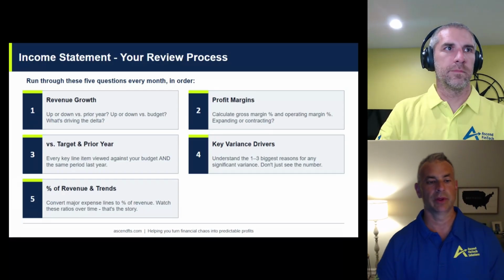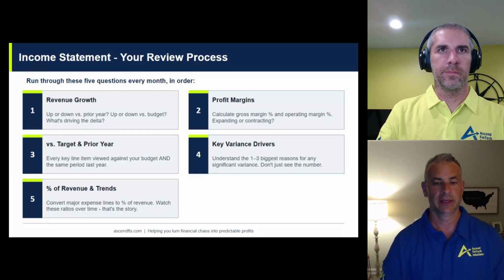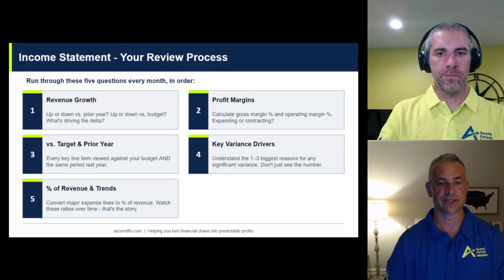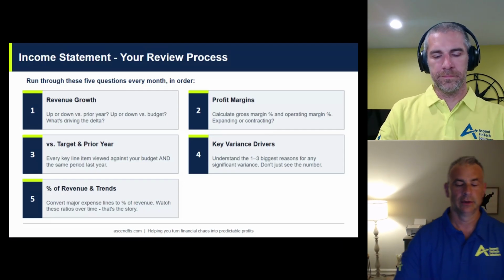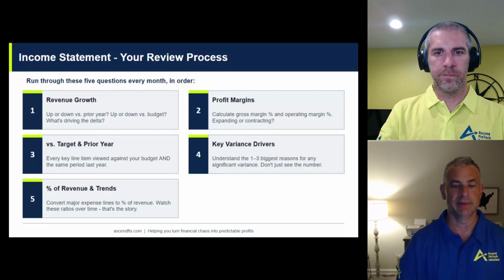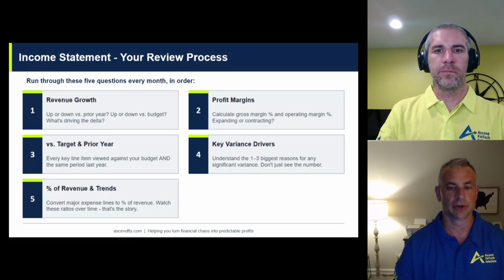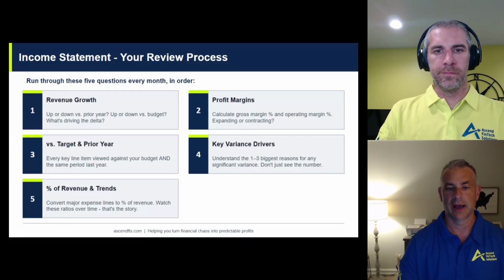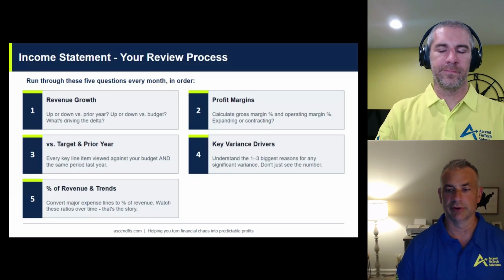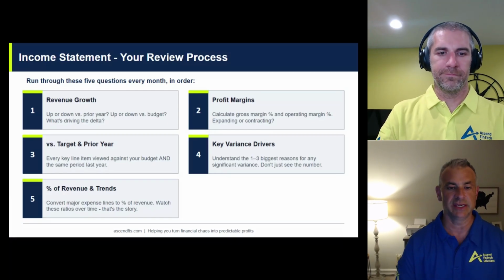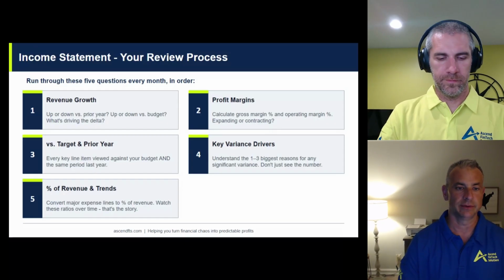Again, this is the cost for you to deliver your service to generate your revenue. Is that going up? Is that going down? That's going to indicate you may need to look at your pricing. You may need to look at different suppliers because your costs are going up. Are you seeing fuel surcharges now on material deliveries that maybe you didn't see a few months back? So profit margins are always key to review.